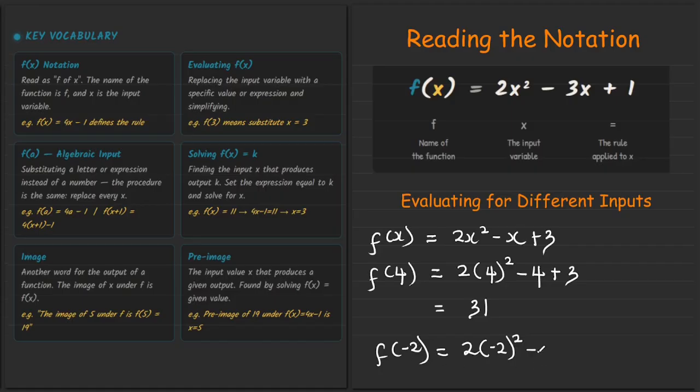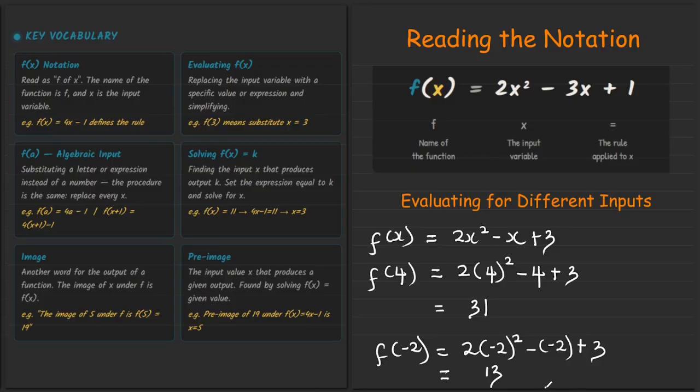The x value is negative 2, so we have negative 2, then plus our 3. One mistake students make with negative numbers is that they ignore the bracket and it affects them. So you always need to show your bracket. Evaluating this gives us 13.